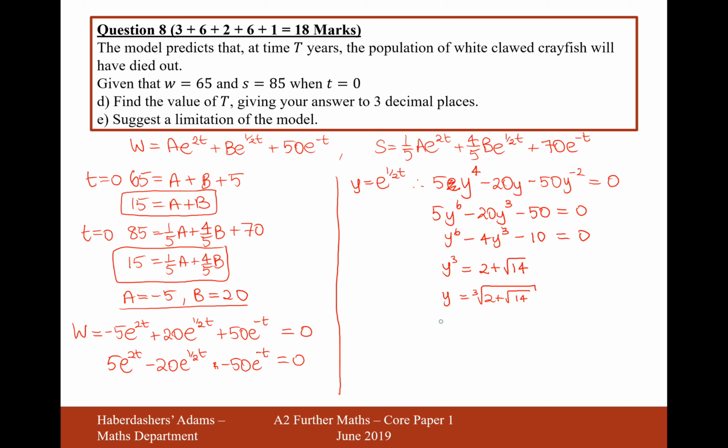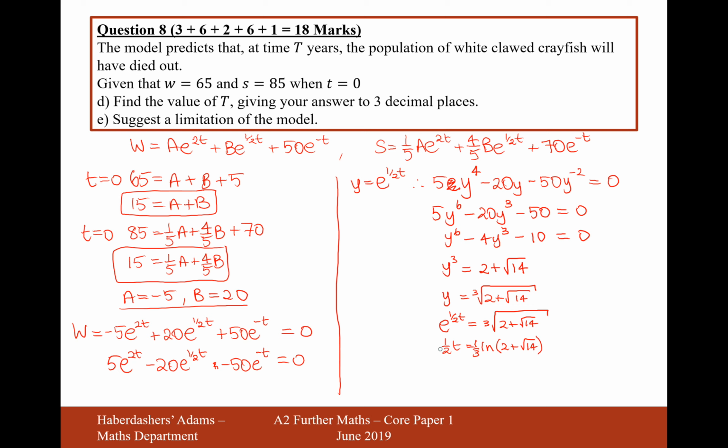So therefore now it's going to be e to the power of a half t equals the cube root of 2 plus root 14. Then we'll get rid of the e by taking ln of both sides, so it's a half t equals ln, and the cube root actually we could pull to the front, so it will now be a third ln of 2 plus root 14.